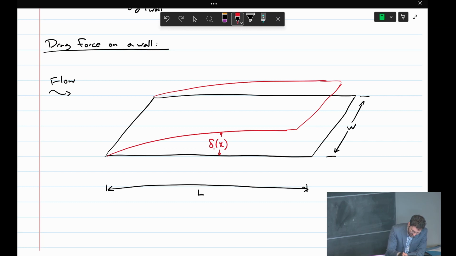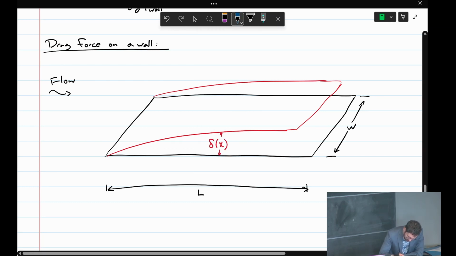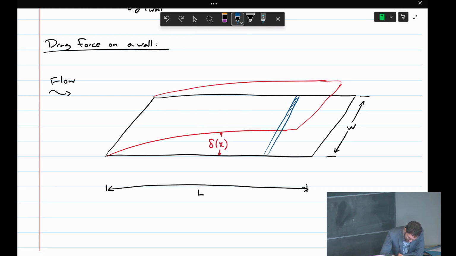boundary layer. We're going to consider a very small section of wall here with width dx.